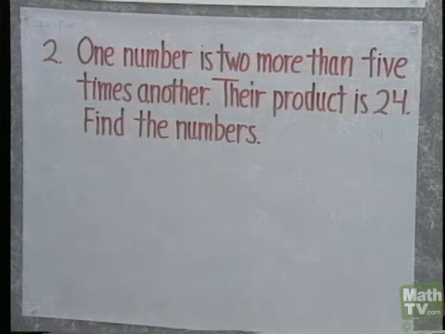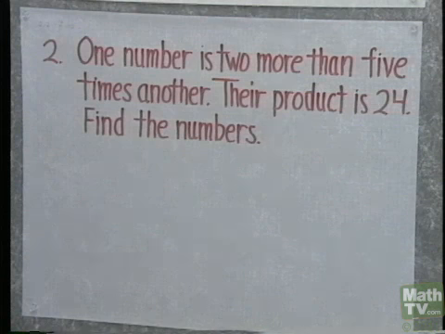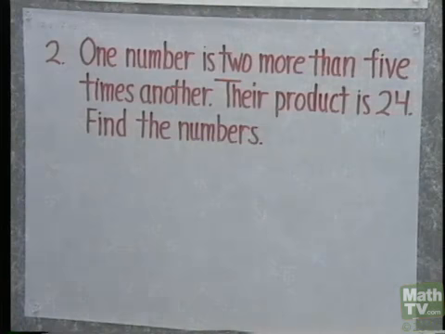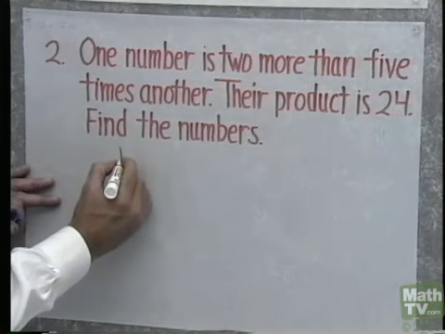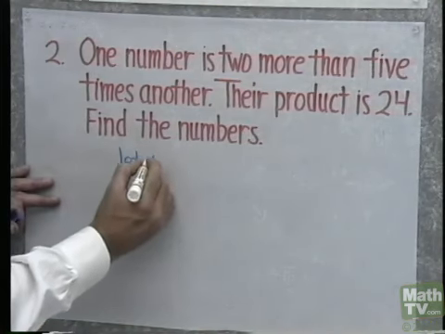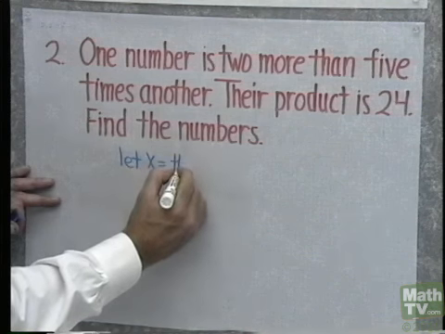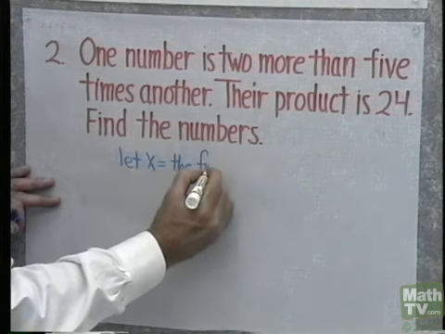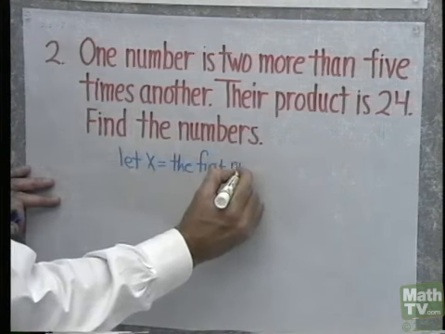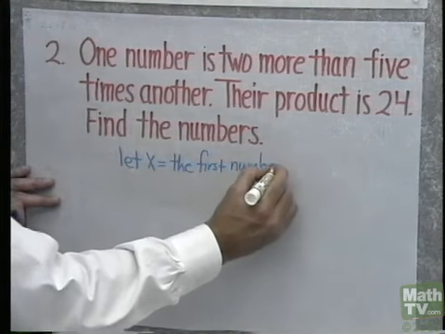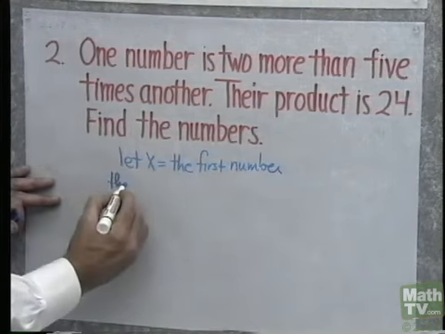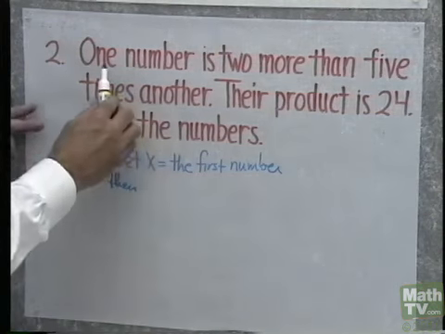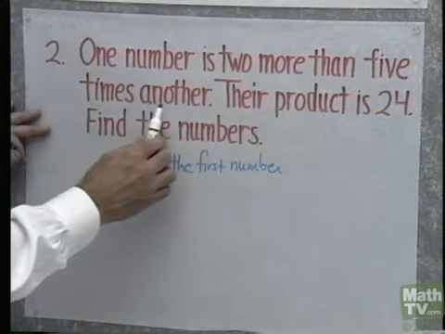One number is 2 more than 5 times another. Their product is 24. Find the numbers. So we can say, in this case, let x equal the first number. Then the second number, well, let's see, one number is 2 more than 5 times another.